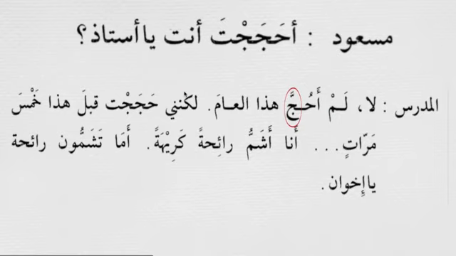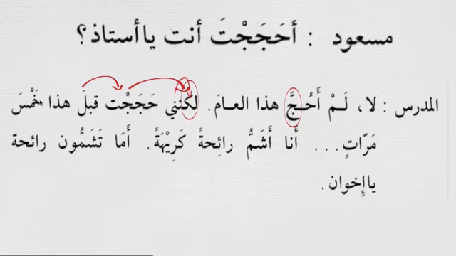Lakinnani. So again we have lakinna. So we are looking at the ism, which is nun wiqaya and ya mutakallim connected to lakinna. But I hajajtu, again hajajtu, I performed Hajj. That's the khabar of lakinna. Qabla. Qabla is your mudaf ilayhi, sorry, maf'ul bihi connected to hajajtu. I performed Hajj, qabla hadha, before this.